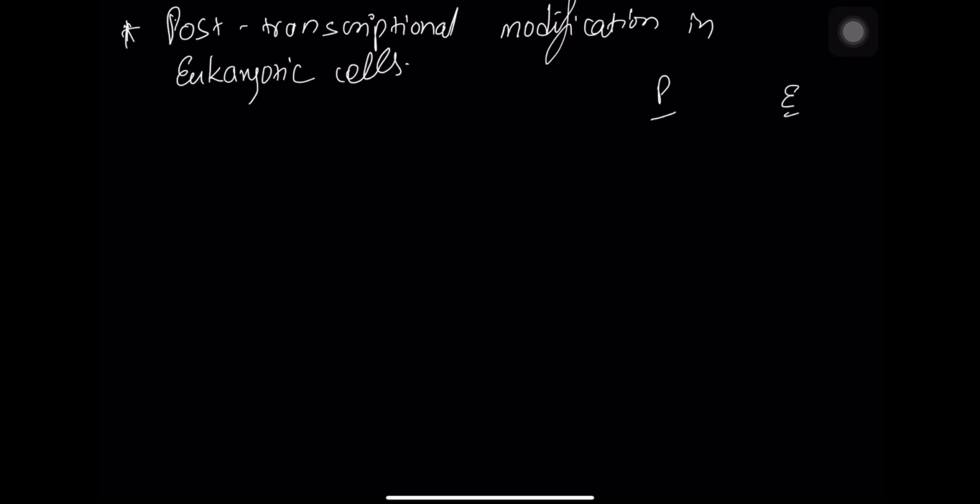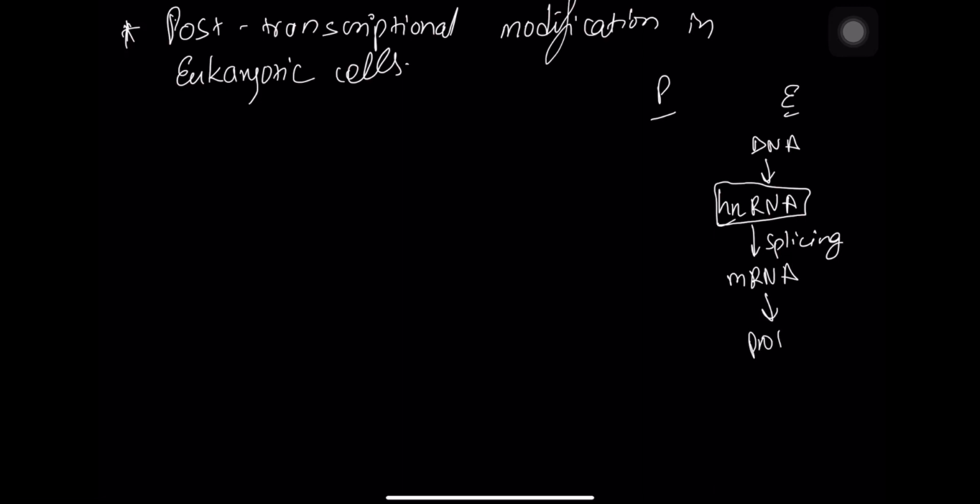So, if RNA is synthesized from DNA, it is called transcription. Here hnRNA is synthesized, and that is called transcription. And whenever this splicing occurs, only then can this hnRNA be converted into mRNA, and later this will be converted into protein with the help of the process of translation.